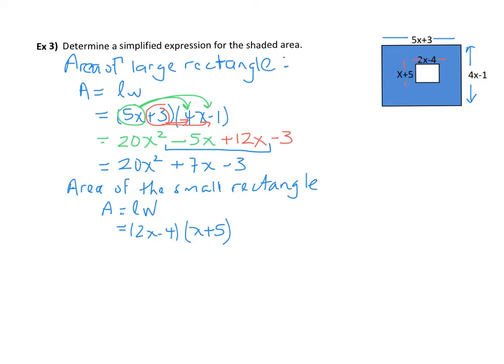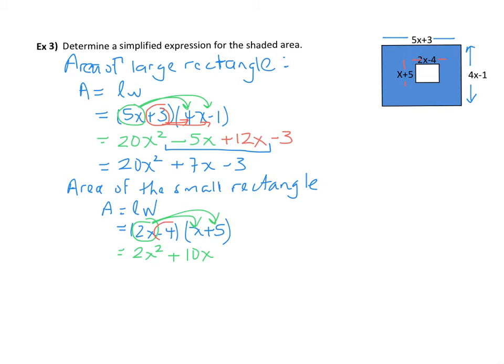Then we do the multiplication over again. The 2x is going to multiply the positive x and the positive 5. 2x times x is 2x squared. We would have a positive, because positive 2x times positive 5 would be positive, that will be a 10x. 2 times 5 is 10.